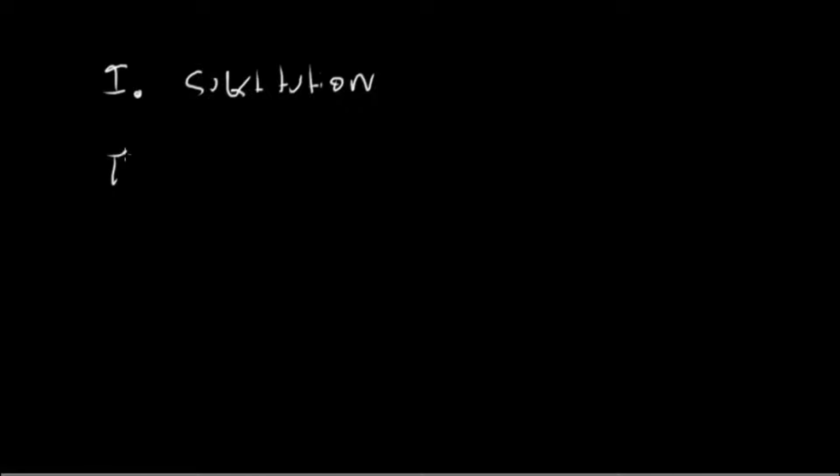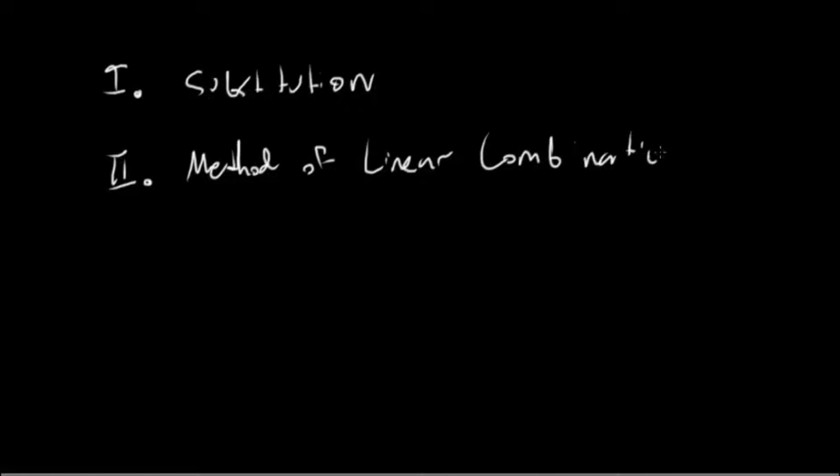We have the method of linear combinations. That's where you take one equation, you multiply it by some constant, you add it to the other one, and you try to eliminate variables. We have the new ones. We have Gaussian elimination, which is arguably the fastest if you have a computer on your side.